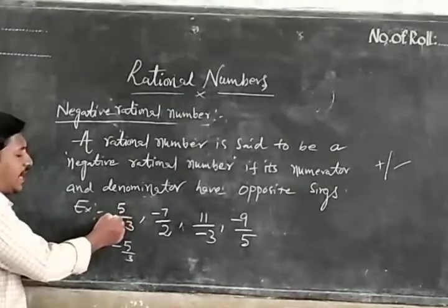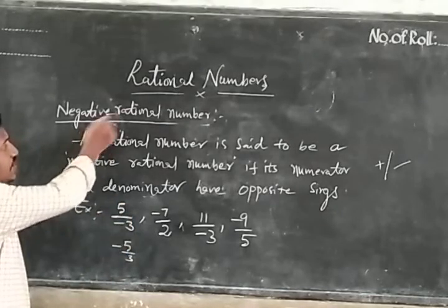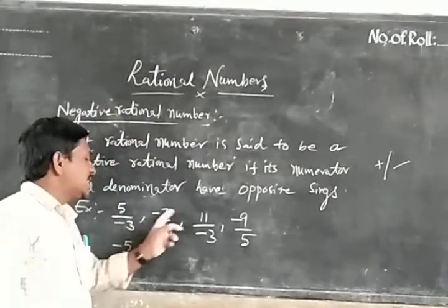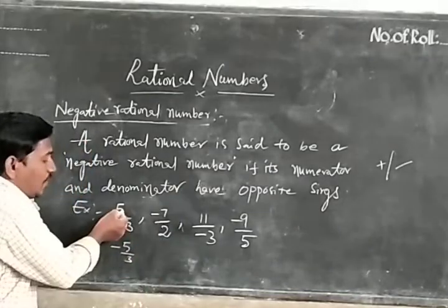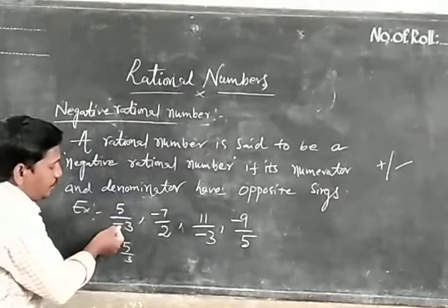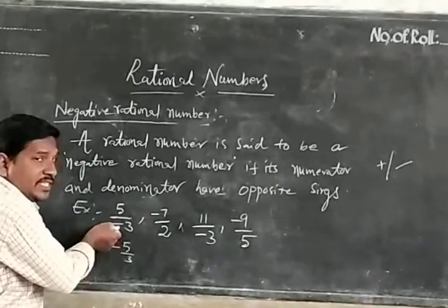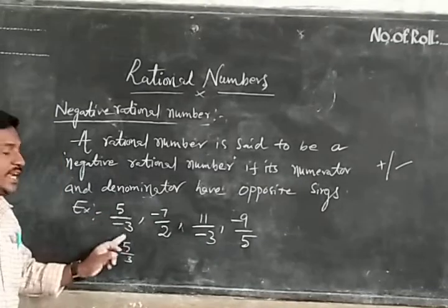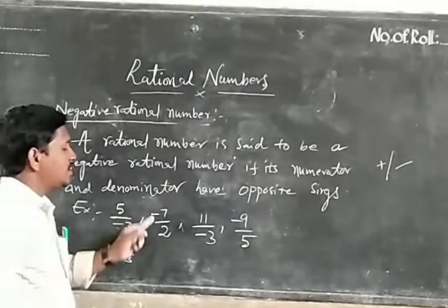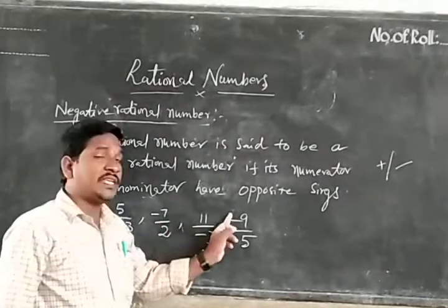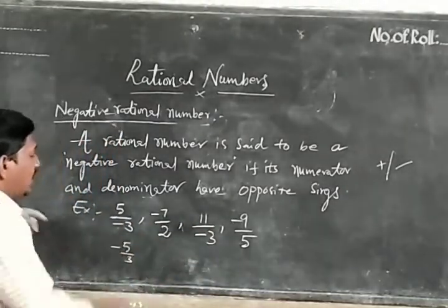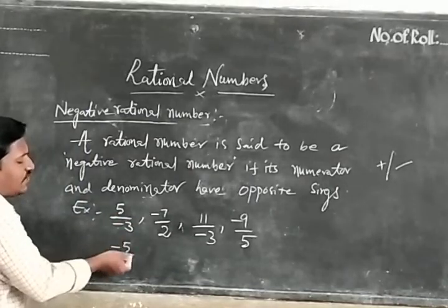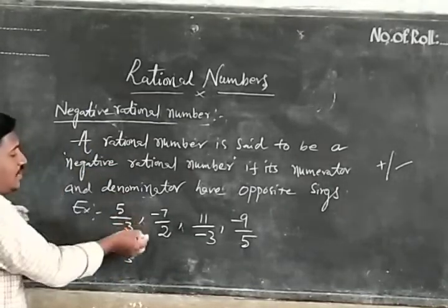So 5 by minus 3 becomes a negative rational number. Minus 7 by 2. Here the numerator is negative, the denominator is positive. So the numerator and denominator have opposite signs, plus minus. Here we can observe 5 by minus 3 means minus 5 by 3. So it is a negative rational number.